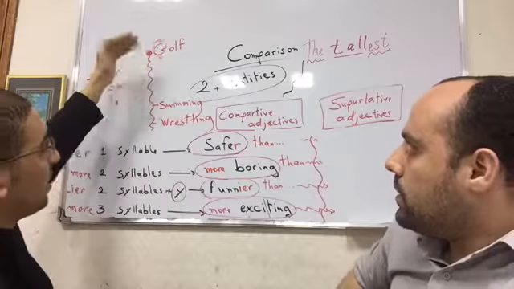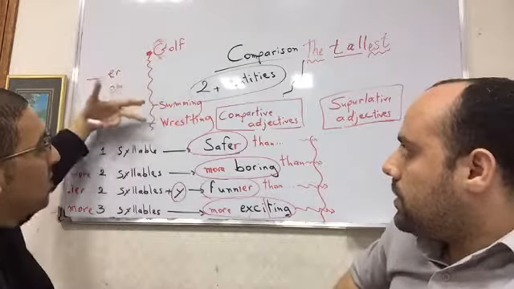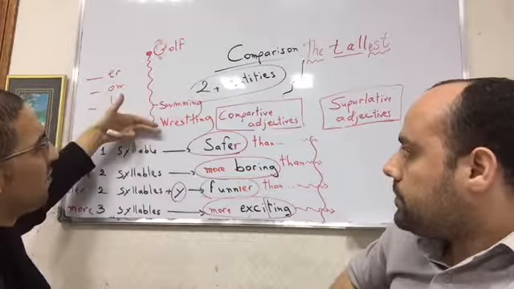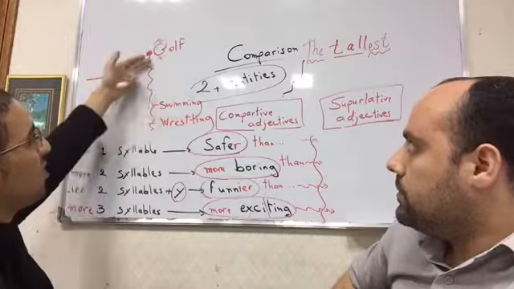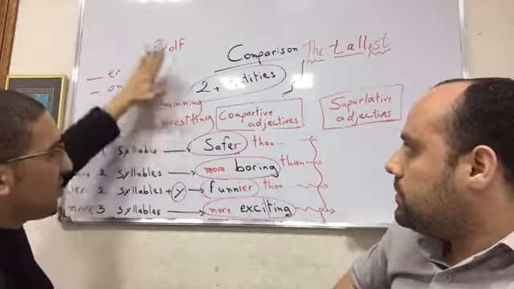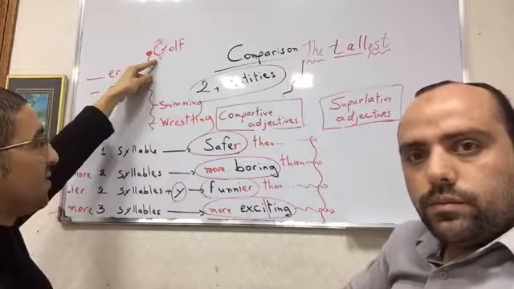But you can say golf is safer than swimming and wrestling. You can say swimming is safer than wrestling, but you cannot say swimming is the safest in these terms. Of course, you're going to say golf is the safest.